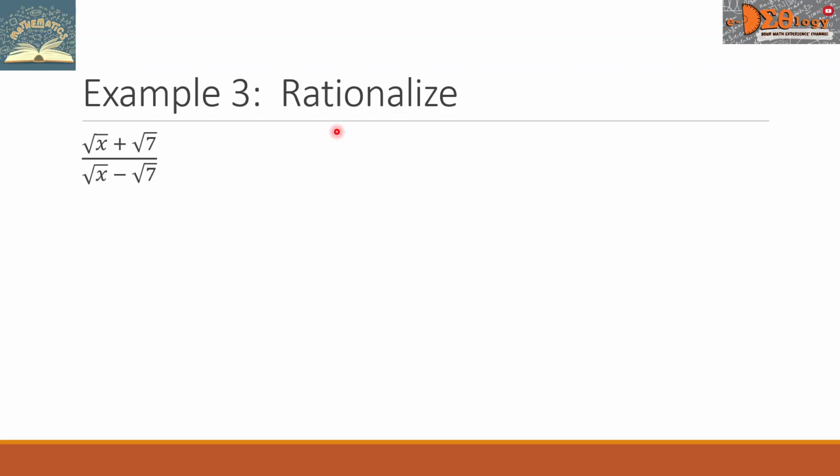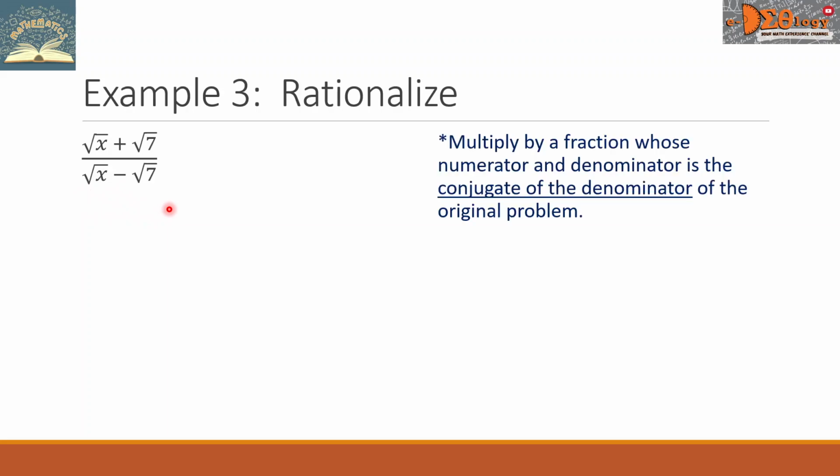Example 3. Rationalize the square root of x plus square root of 7 all over square root of x minus square root of 7. In our rule, we're going to multiply this fraction by a fraction whose numerator and denominator is the conjugate of the denominator of the original problem.